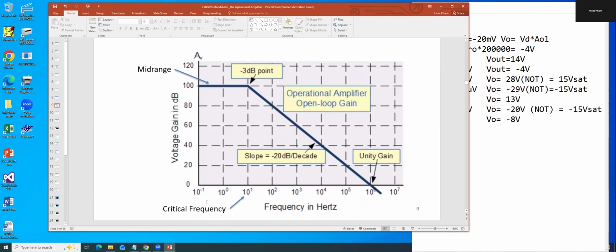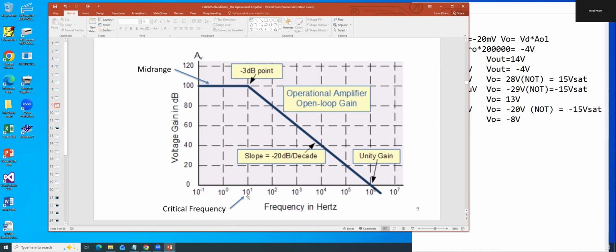So the frequency is 0 here. And the gain maximum will be 100 decibel, dB.